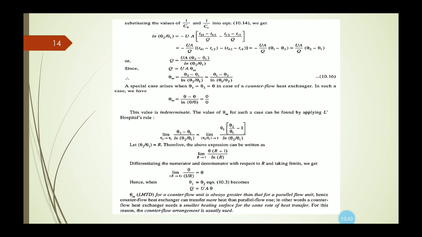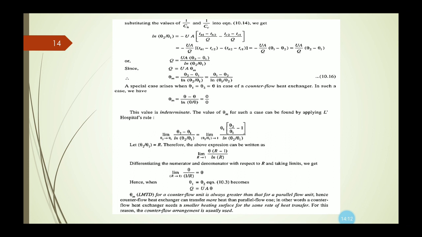When the temperature variations of the hot and cold fluids are relatively small, the temperature variation curves are approximately straight lines. In that case, accurate results can be obtained by taking the arithmetic mean temperature difference instead of the LMTD. The formula for the arithmetic mean temperature difference equals (theta 1 plus theta 2) divided by 2.